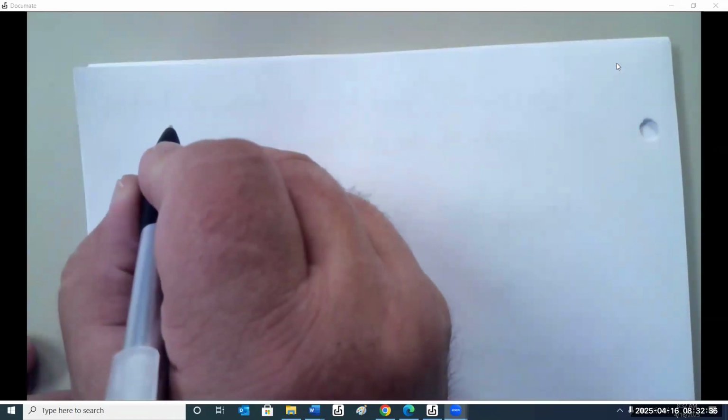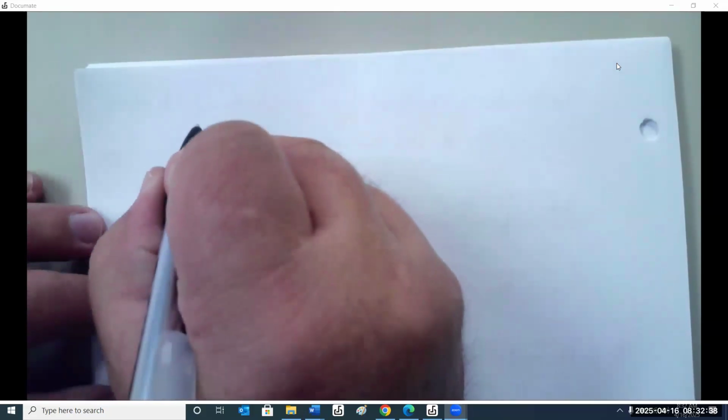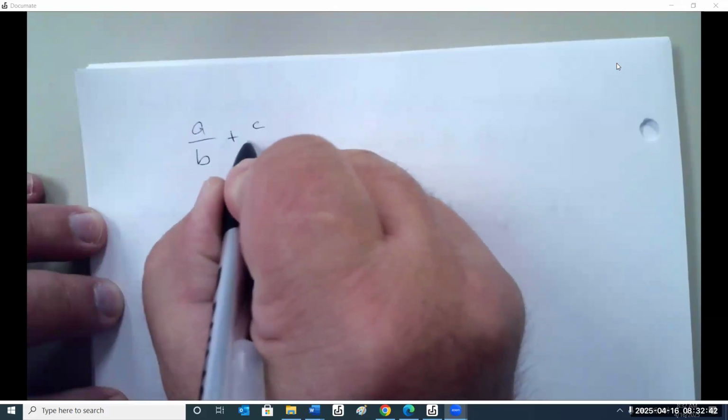All right, here's some examples. Does that process work if you have the same denominators? Does the butterfly rule still apply?